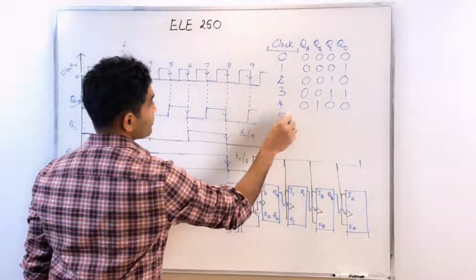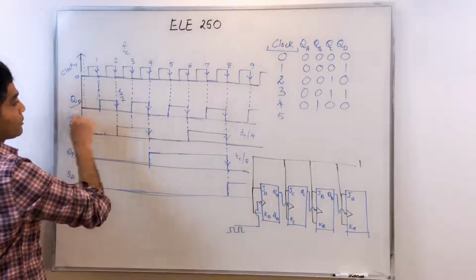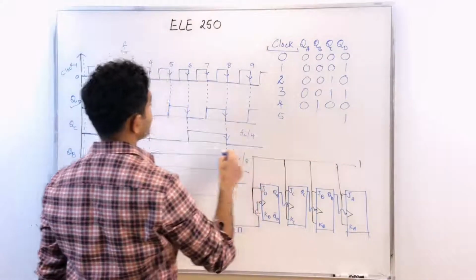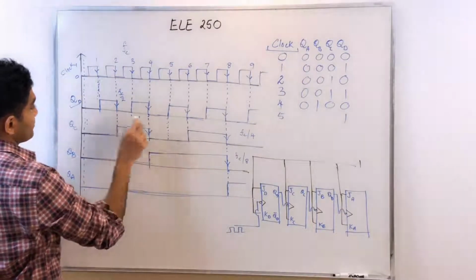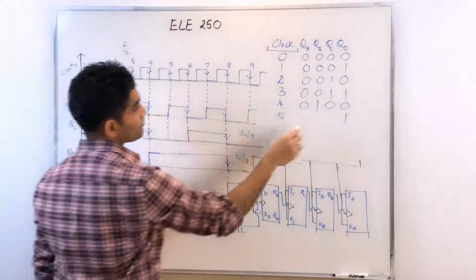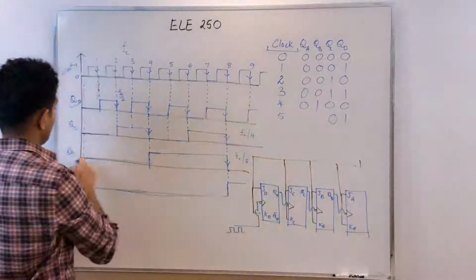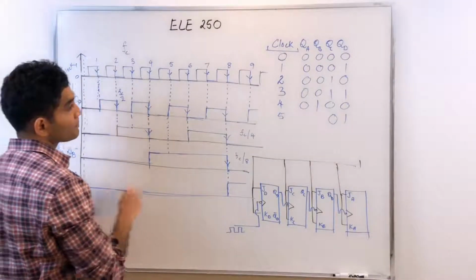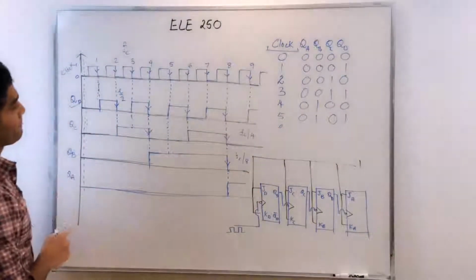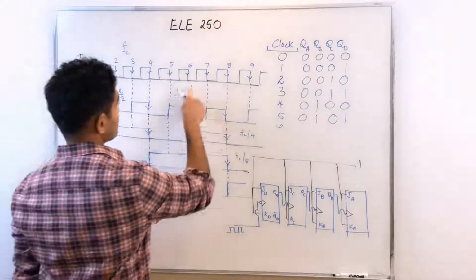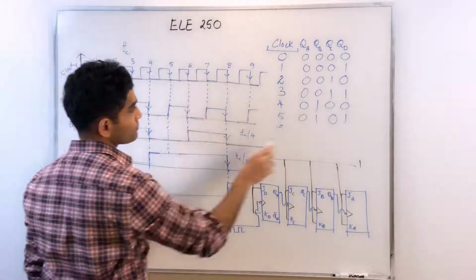On the fifth clock pulse, which is here, QD is again toggling, that becomes 1. QC is 0, QB remains 1, and QA is 0. On the sixth, QD is toggling, that goes from 1 to 0.